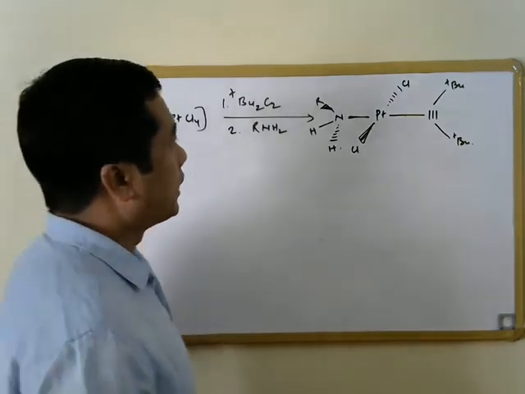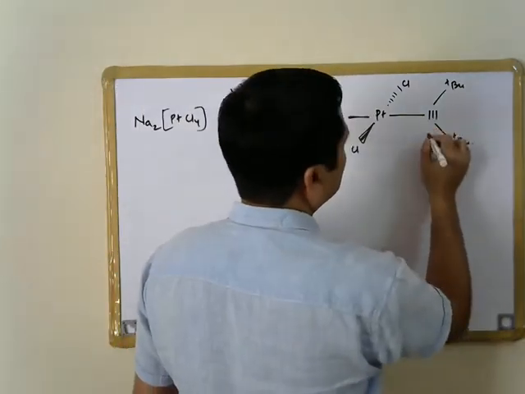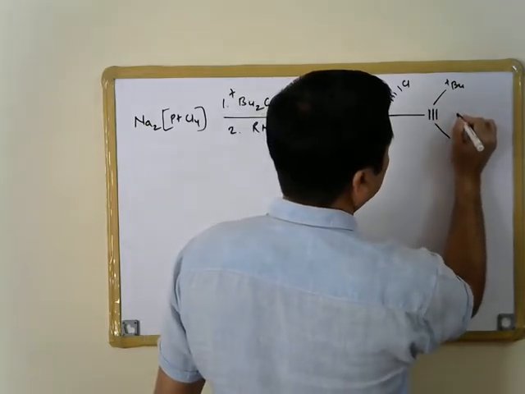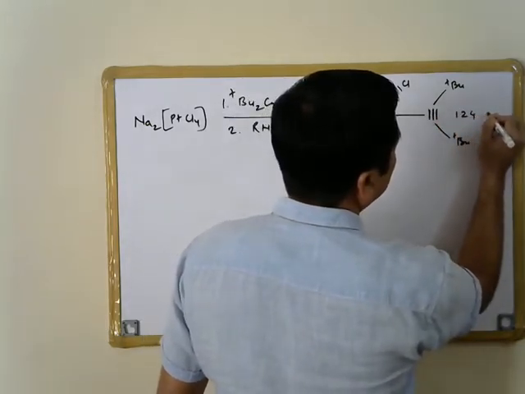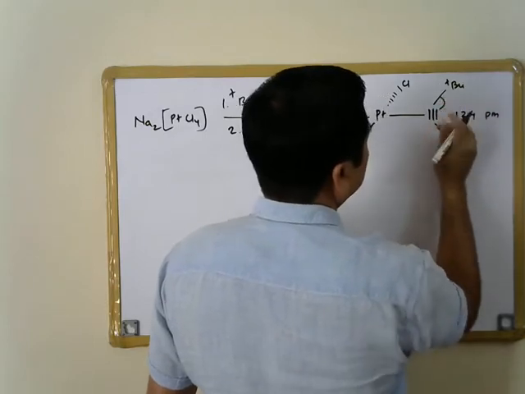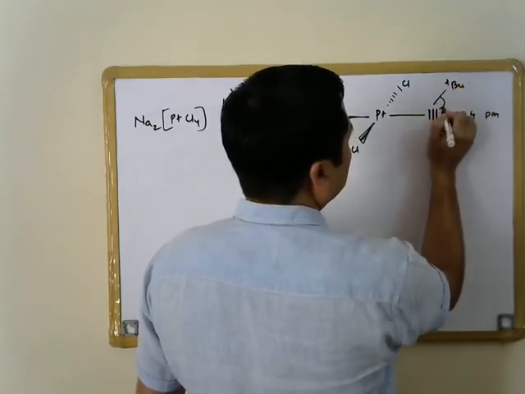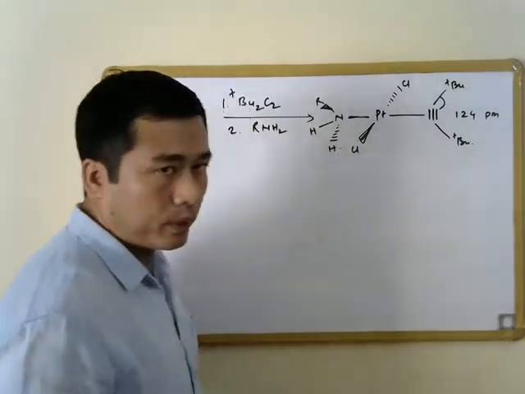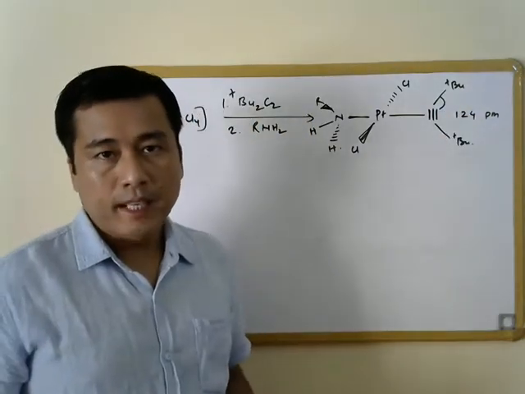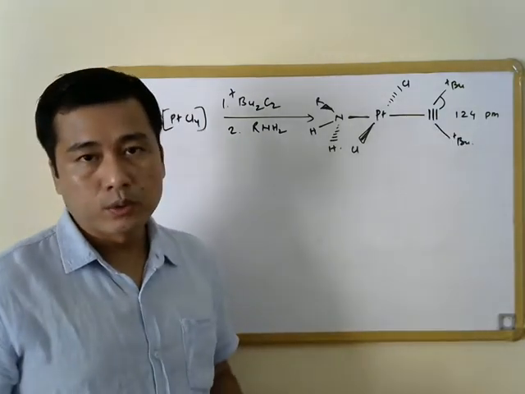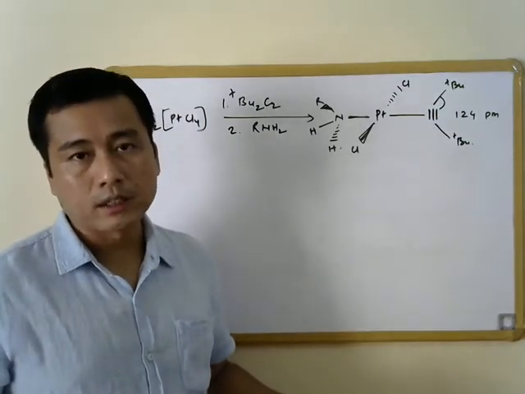ligand, and the alkyne CC bond distance in this compound is equal to 124 picometer, while the CCC bond angle, this particular bond angle, as we know in the case of the free alkyne, is equal to 180 degrees because alkynes are linear.